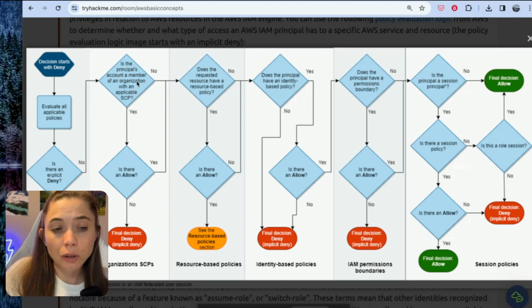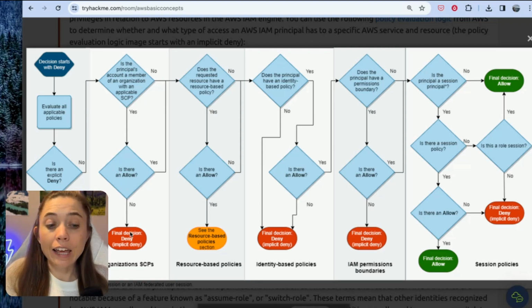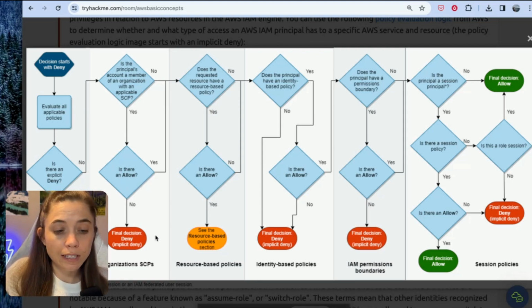In our example here, the principal is the user that's trying to download the S3 object. So we're going to check, is that account that the user is coming from a member of an organization with a service control policy? And does that service control policy have an allow in it? If there's no allow in the service control policy, it's a deny. If there is an allow in the service control policy, we can move on and keep evaluating.